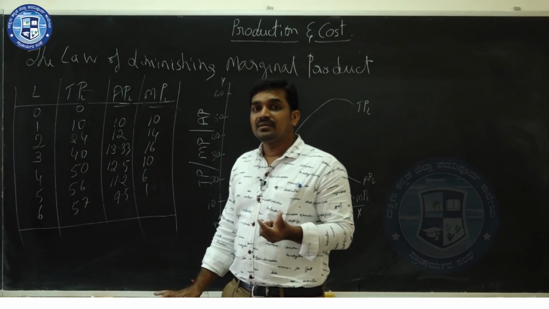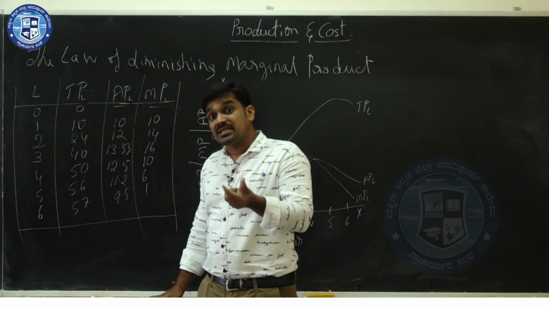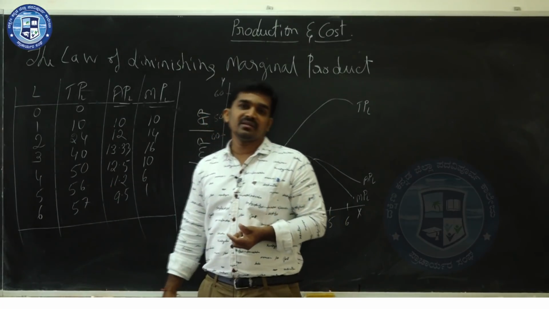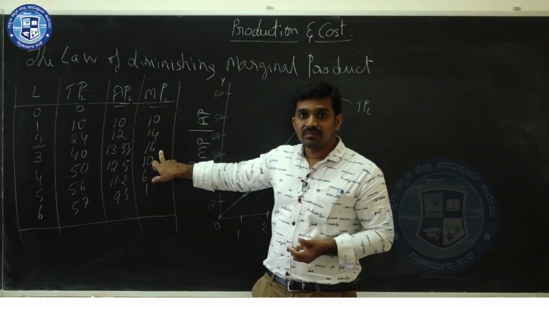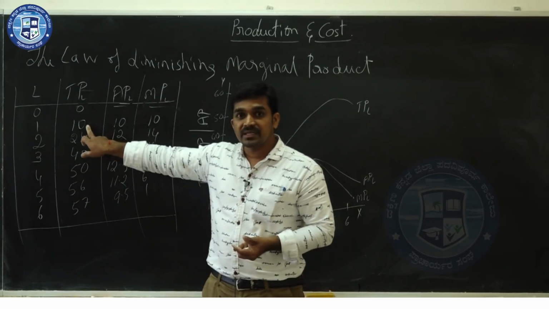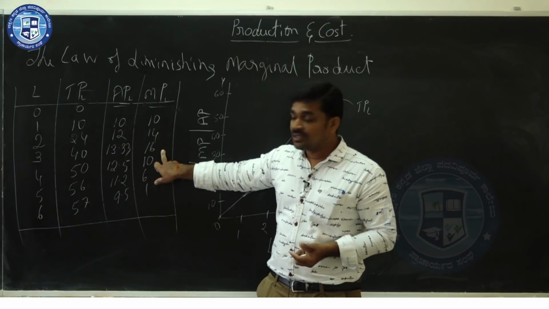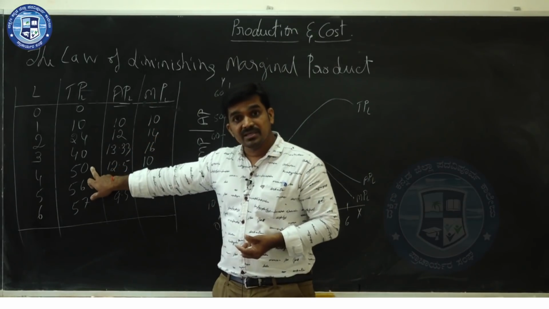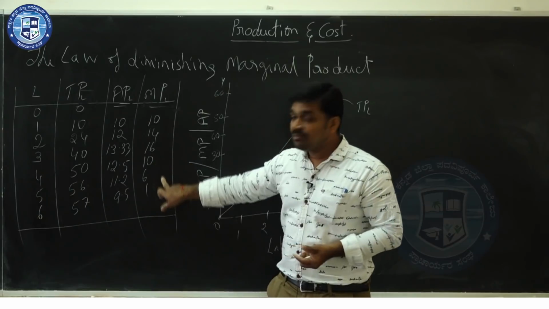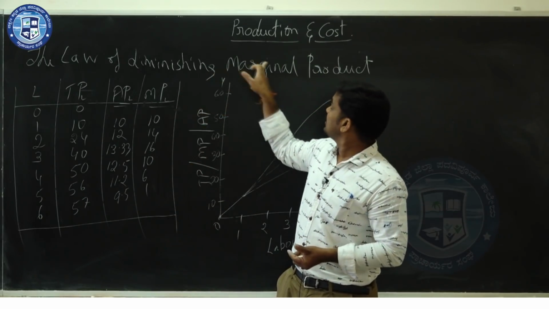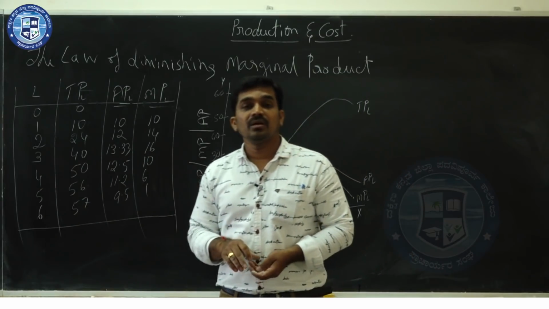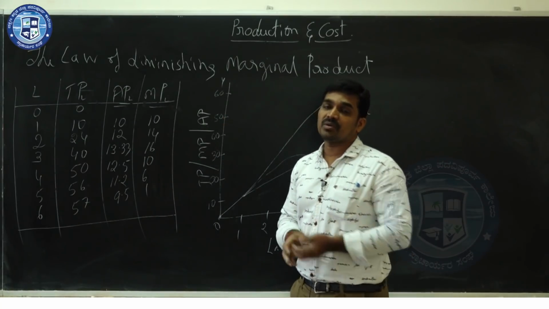Later total product increases at a diminishing rate. So this is the law of diminishing marginal product.